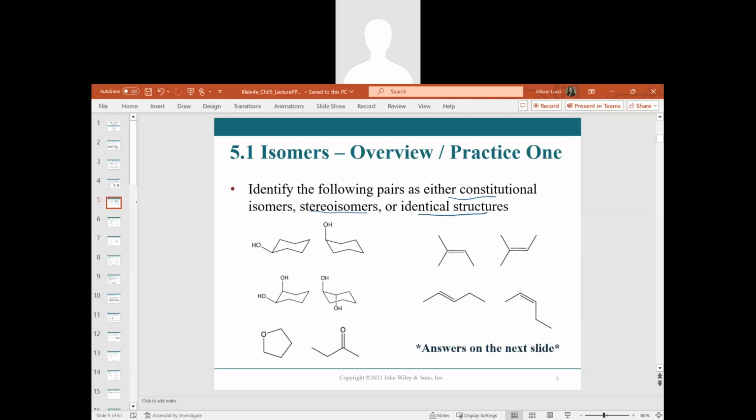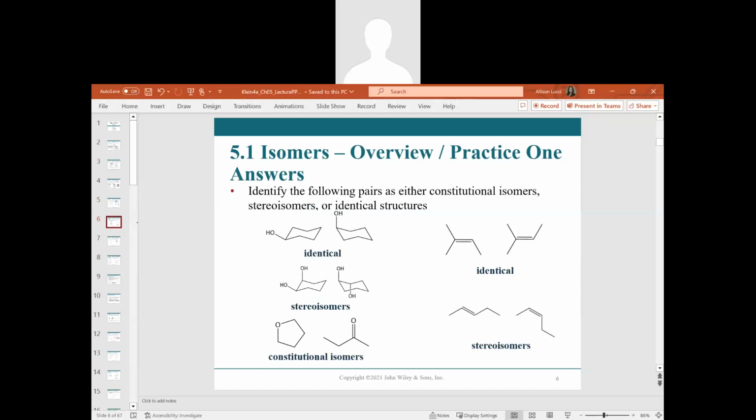Can we rotate a bond or rotate our whole structure and find that we have the same thing? We're told here that the answers are on the next slide. So take a moment here and look at these pairs and see if you can see the relationship. But I will review why each case is which on this slide here.